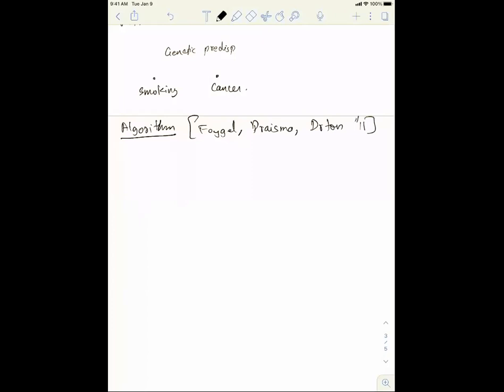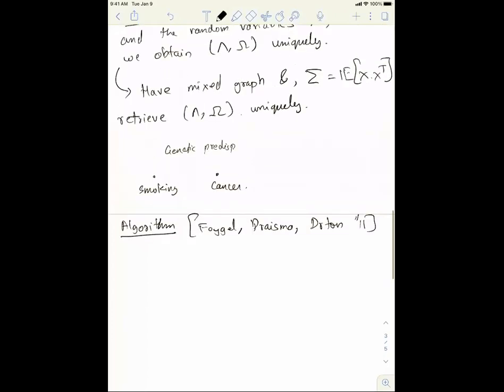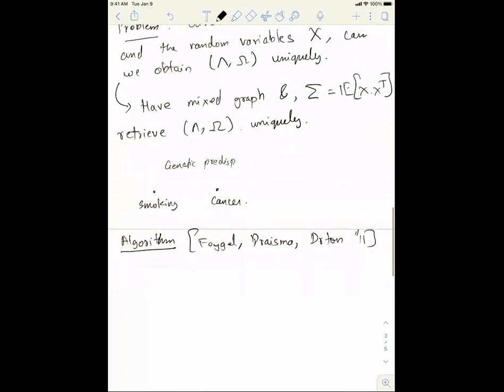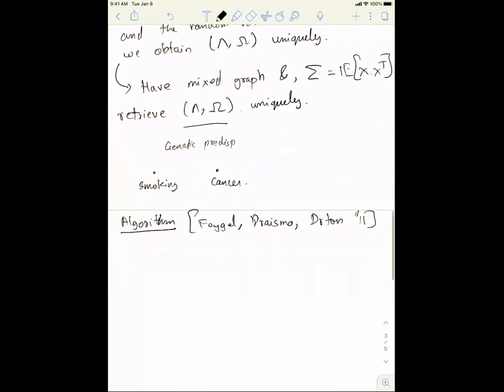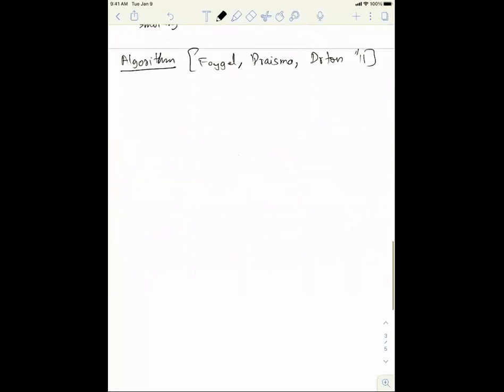They characterize when you can essentially retrieve this pair lambda omega from sigma uniquely. One of the sufficient conditions is what is called the Bow-free assumption.